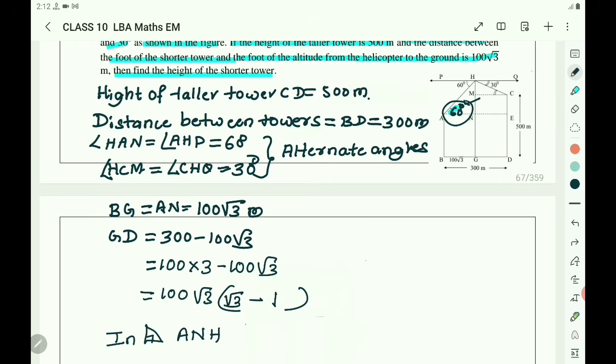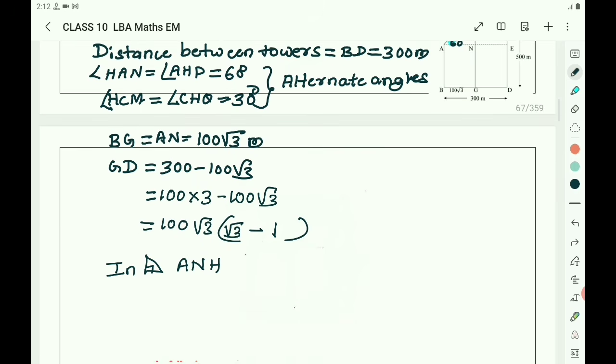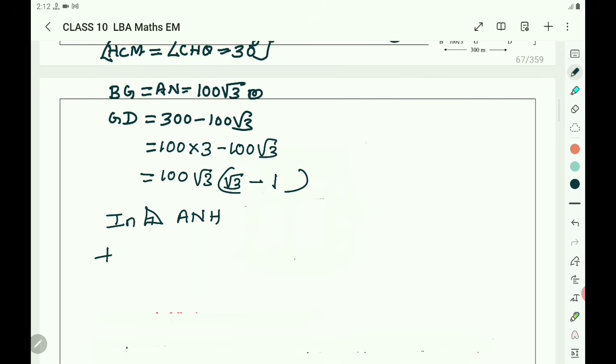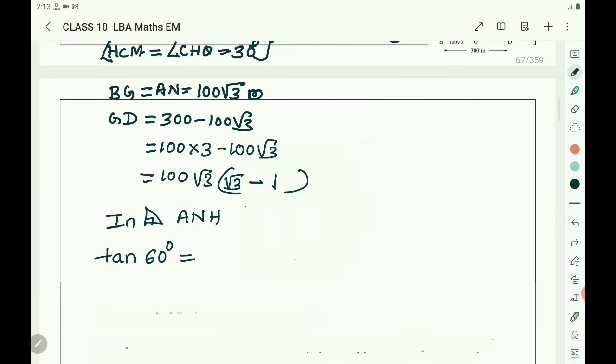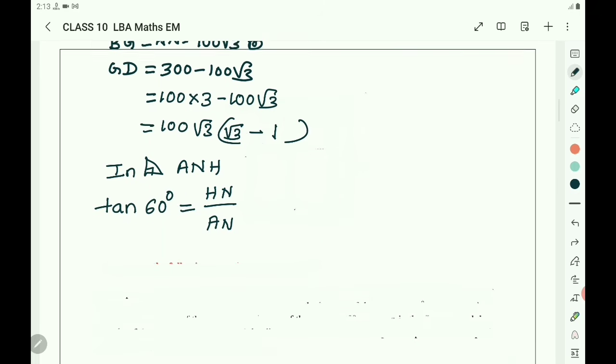HN is the opposite side for this 60 degree and AN is the adjacent side. Which trigonometric ratio is having opposite side by adjacent side? That is tan. Then you write tan 60 degree is equal to opposite side HN by adjacent side AN, HN by AN. Tan 60 is root 3.